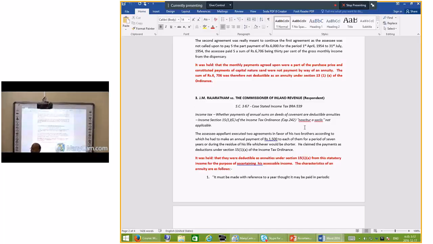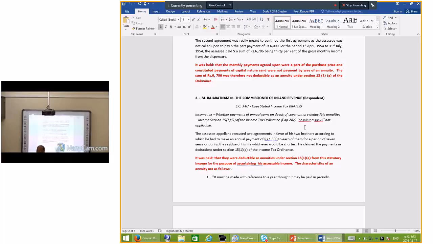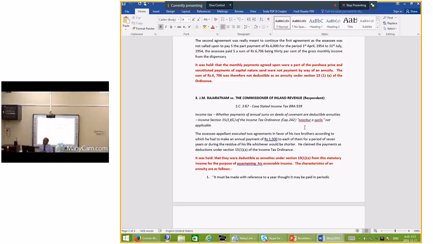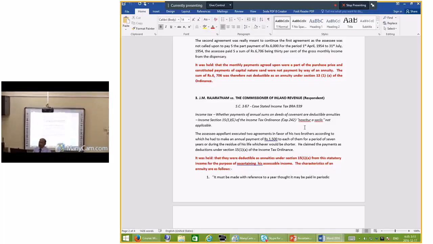If he died before that, the period becomes shorter. If he died before 7 years, no annuity is paid. In that case, Mr. Rajaratnam paid 1,500 per annual payment to his brothers. Then, for the two brothers, he paid 300,000.